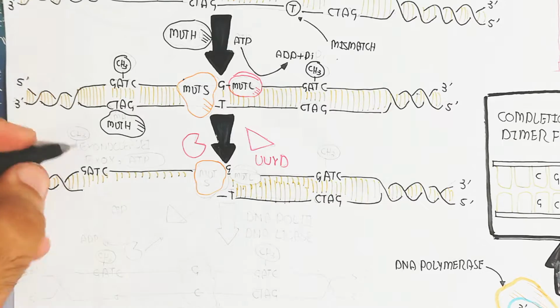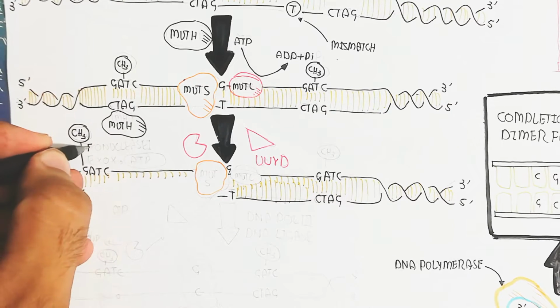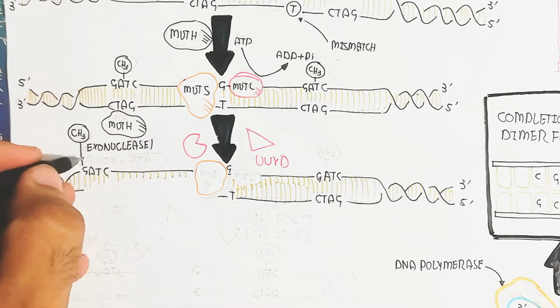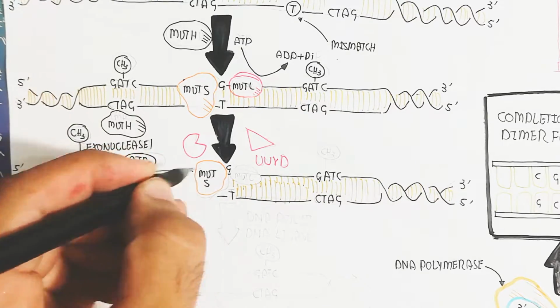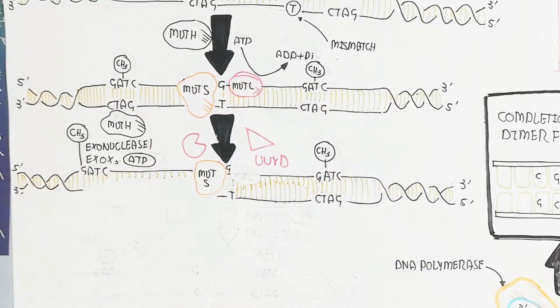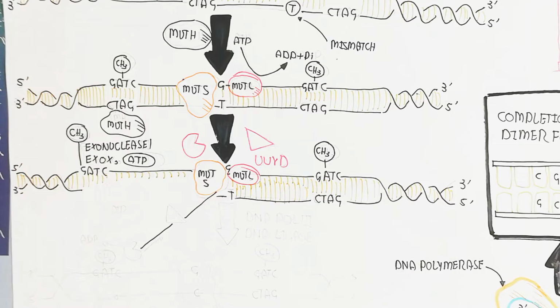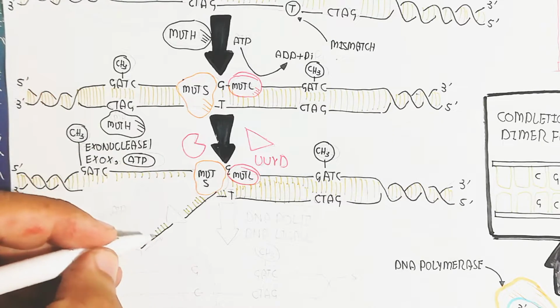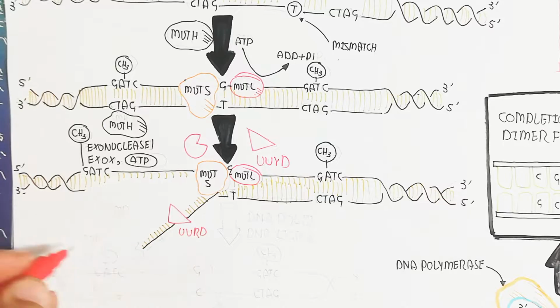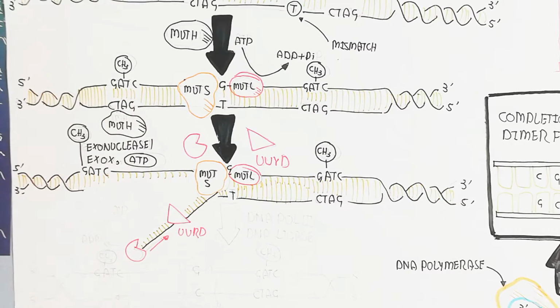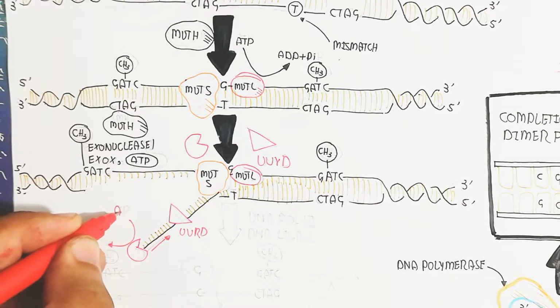After this binding, MutS and MutL are bound here, and UvrD will be recruited, as well as the endonuclease enzyme. UvrD will separate the anti-parallel strands.